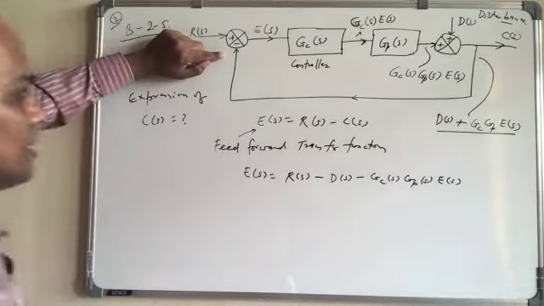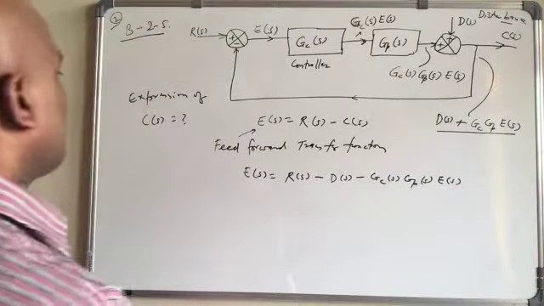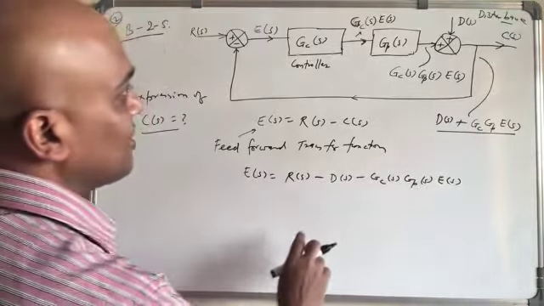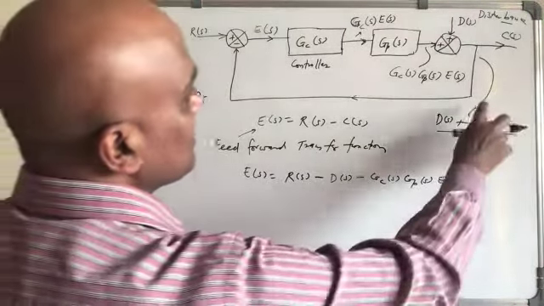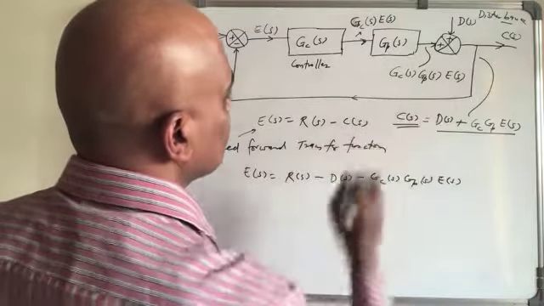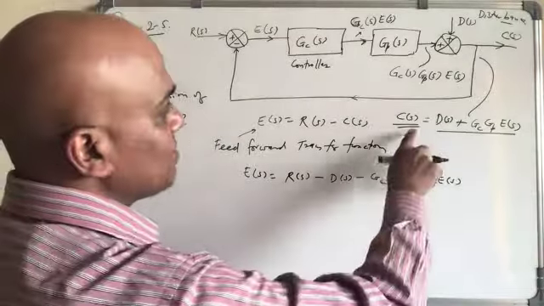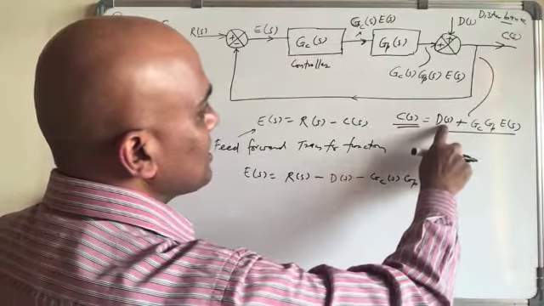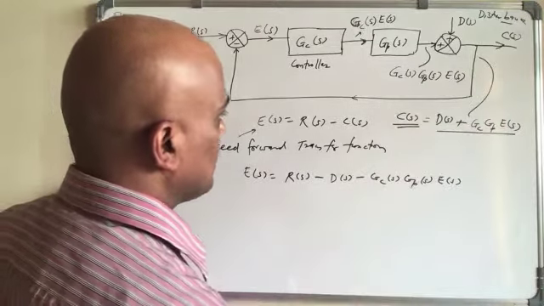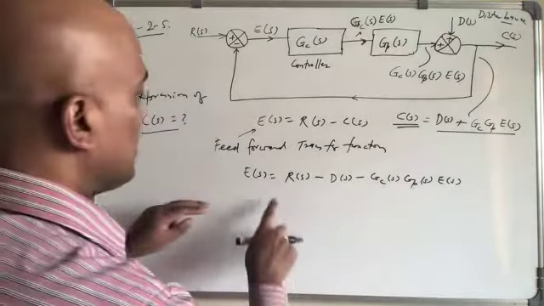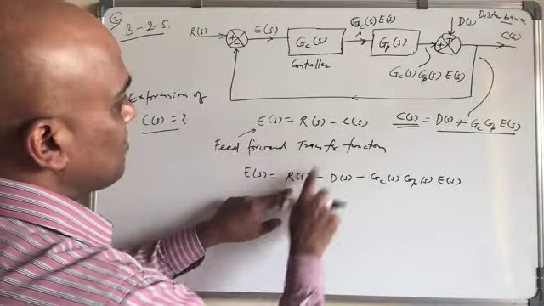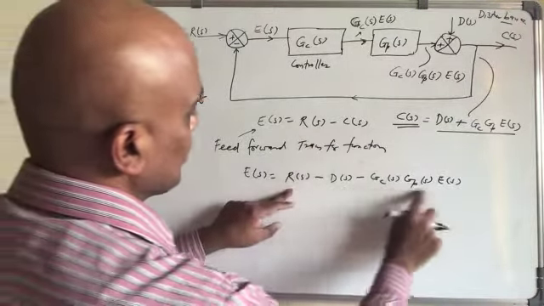What do you have to find out? It says CS. So where is the CS? So we have CS equal to DS plus GC GP times ES, right? And here we are getting ES equal to RS minus CS.